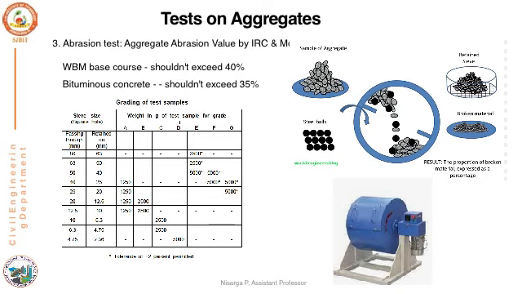The abrasion test will determine the hardness property of the aggregates. We generally use the Los Angeles abrasion testing machine to determine the abrasion value of an aggregate. Similar to the impact value, aggregate abrasion value up to 35% is recommended in the bituminous concrete construction work, and aggregate abrasion value up to 40% is recommended for the WBM base courses, whereas if the abrasion value exceeds 40%, such aggregates are not recommended in road construction work.